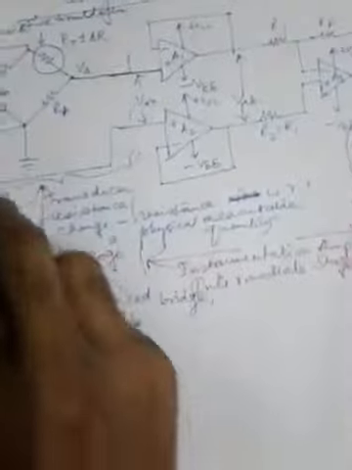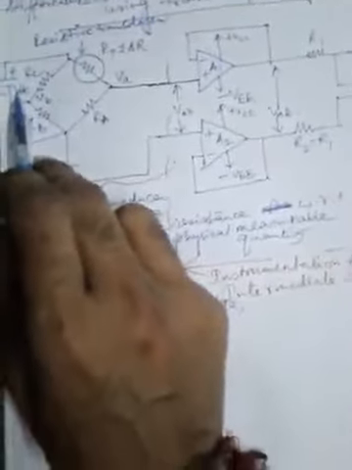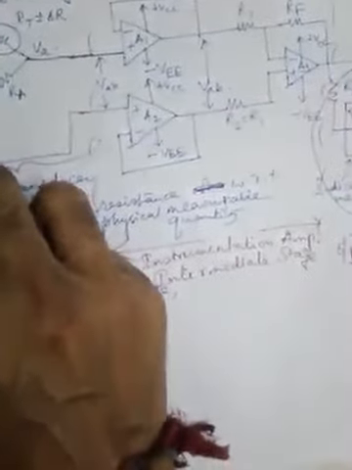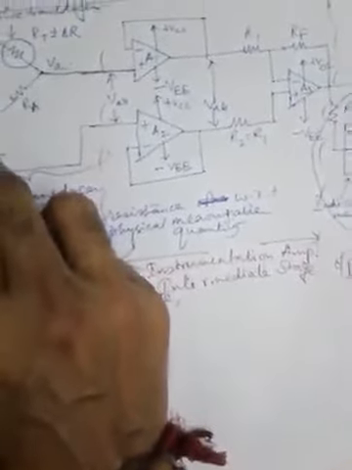This VB can be found using the voltage divider rule on this VDC. Both VA and VB will be derived from VDC using the potential divider circuit.